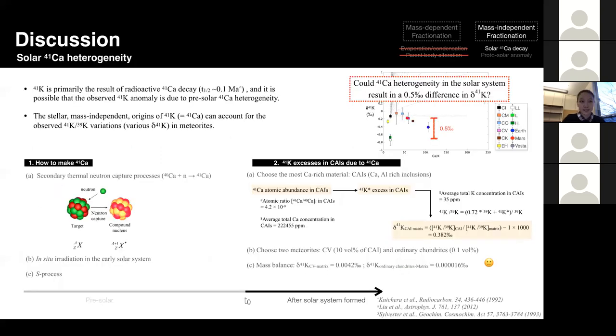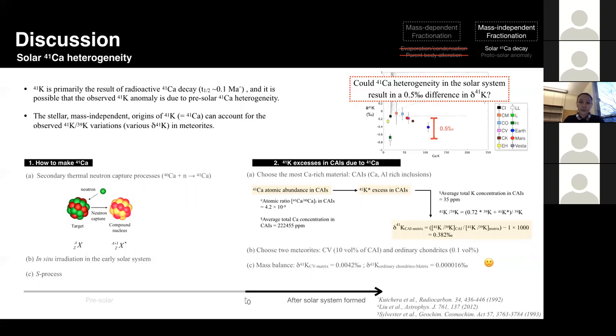Now let's discuss if mass-independent fractionation can explain our potassium data. As potassium-41 is primarily the result of radioactive calcium-41 decay, the variation of 41 to 39 potassium in meteorites could be traced back to a possible heterogeneous distribution of calcium-41.